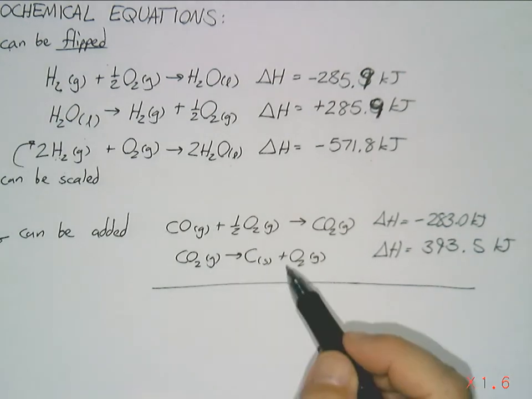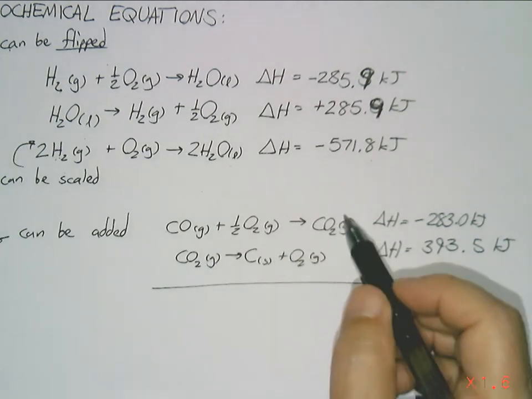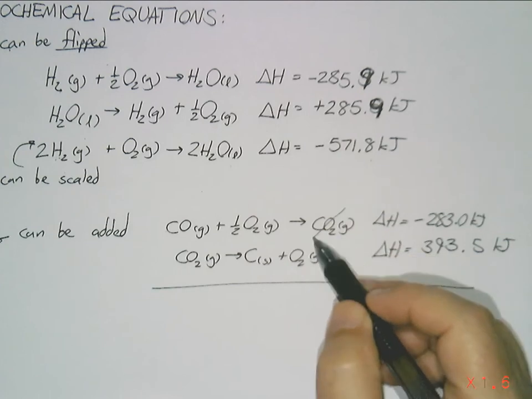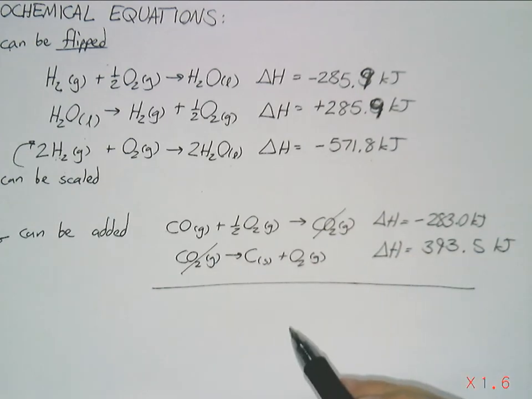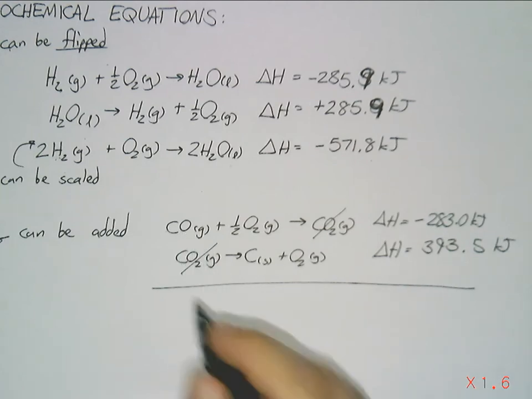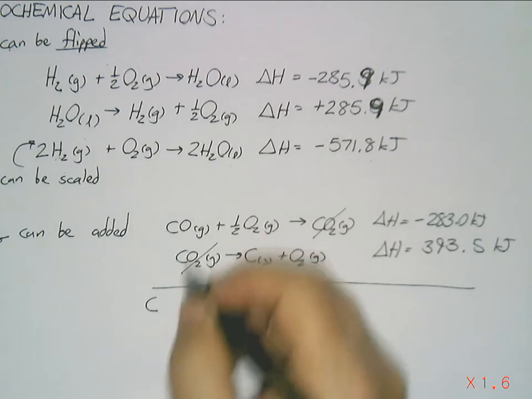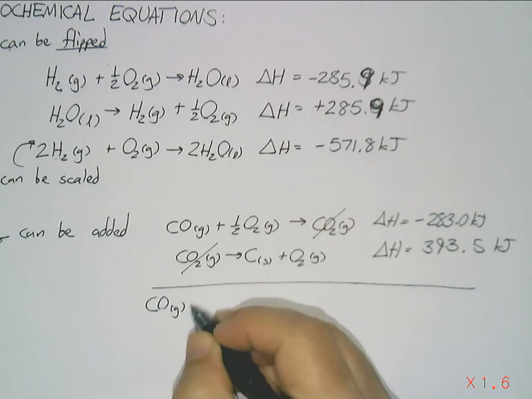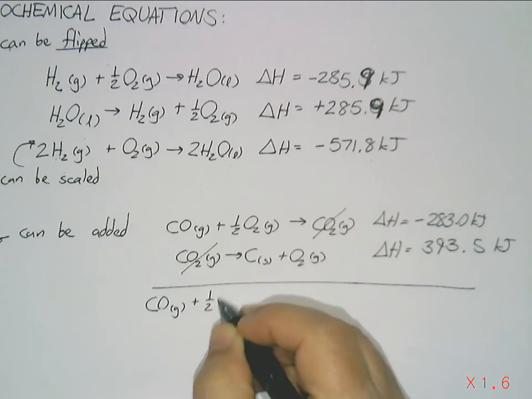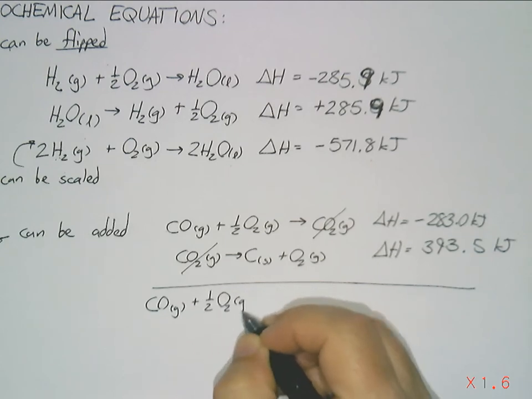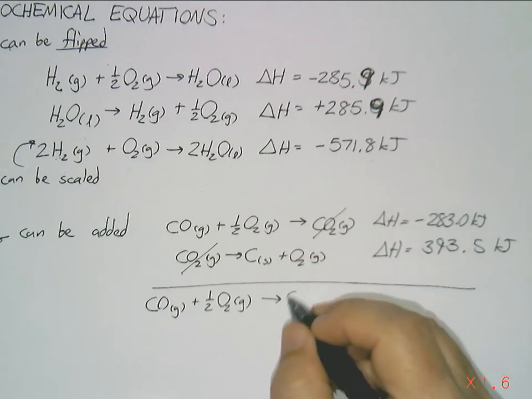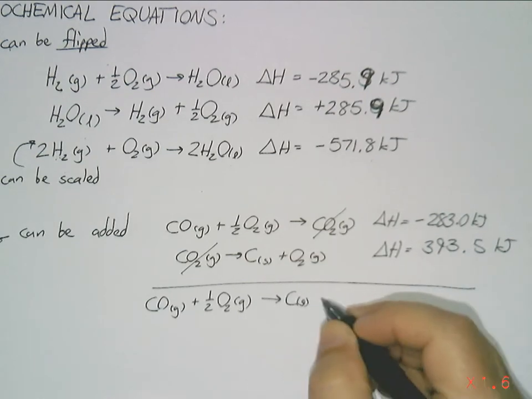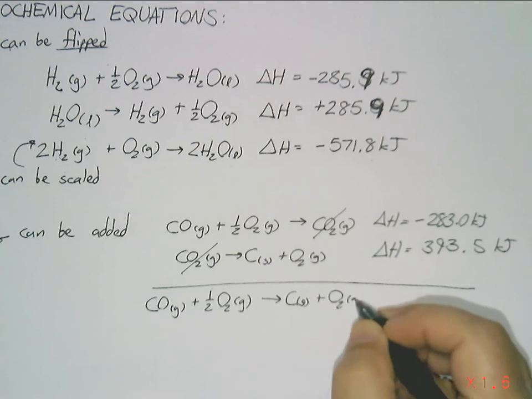So if I add this reaction to this reaction, what am I going to get? Well, let's add the chemical parts. There's a CO2 on the right and a CO2 on the left, so they're going to cancel out. So all that's going to be left when I add these together is CO gas plus 1/2 O2 gas goes to, on the other side, carbon solid plus O2 gas.